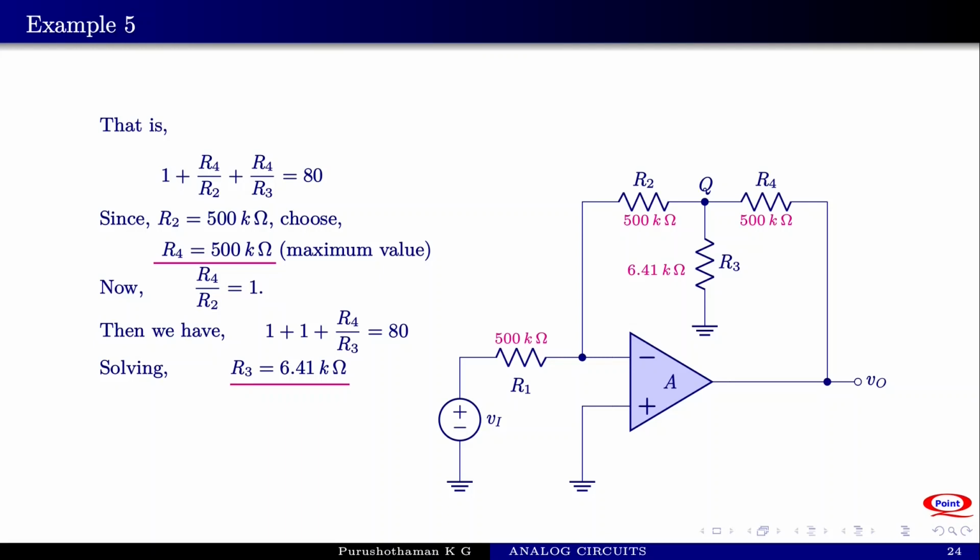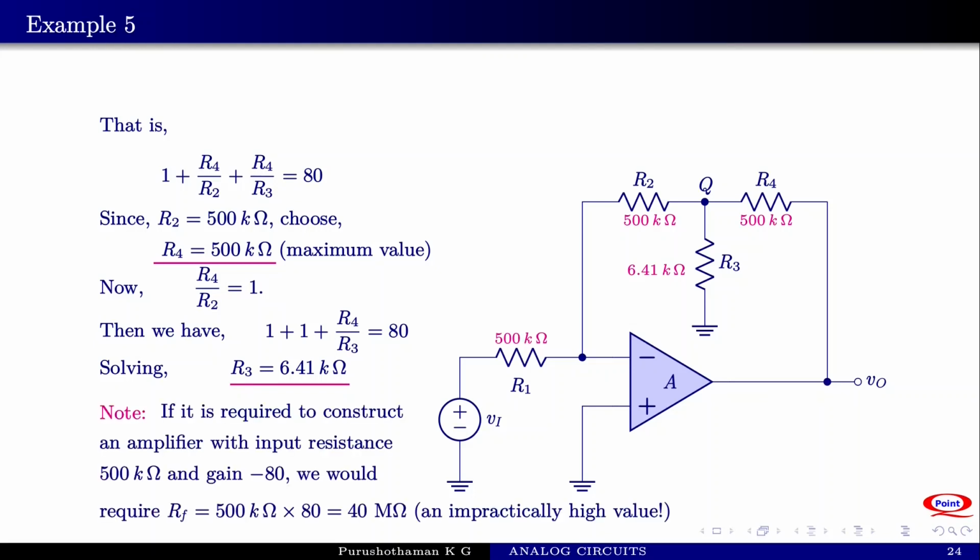Now, what is the advantage of this type of connection? Assume that you are required to set up an amplifier whose input resistance is 500 kilo ohms and gain is minus 80. If you were using a single feedback resistance RF to get a gain 80 and an input resistance 500, you require RF equal to 500 kilo ohms into 80, which is 40 mega ohms, an impractically high value.